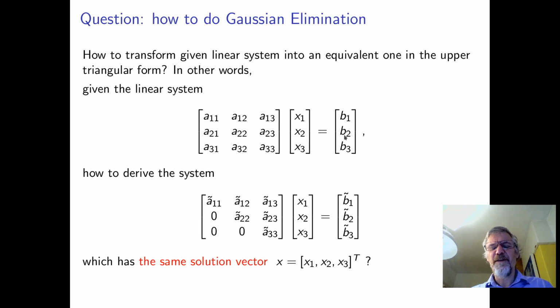And if you think about it, why are we doing operations on rows rather than columns? If we did operations on columns, it would change the x variables. So it would be harder to work out what the answer was if we did it that way. That's why we're doing operations on rows, because they keep the x's the same. And so if x1, x2, x3 is the solution of this system, it's also a solution of this system.